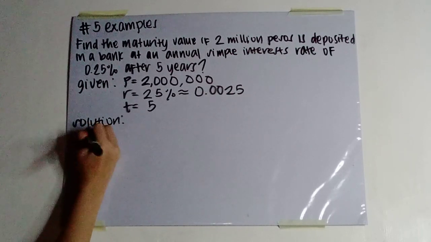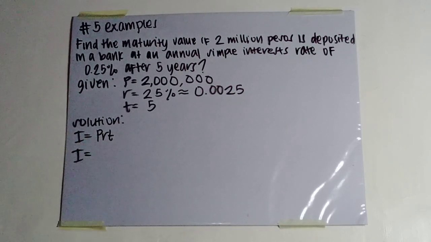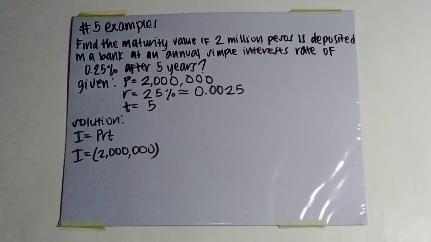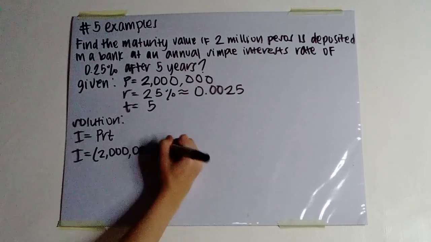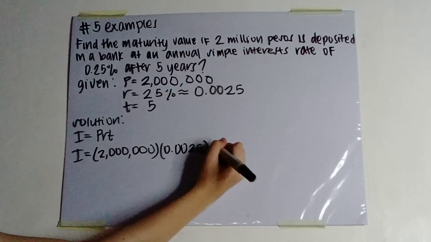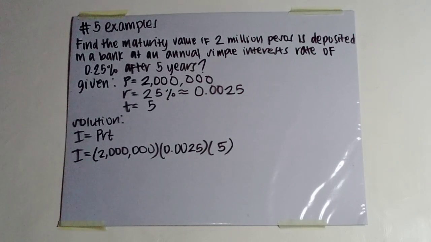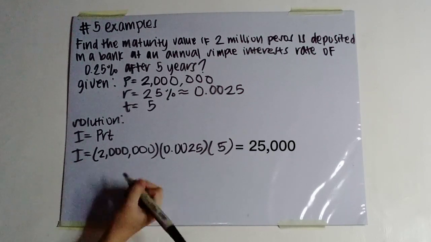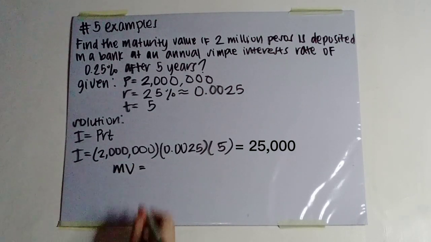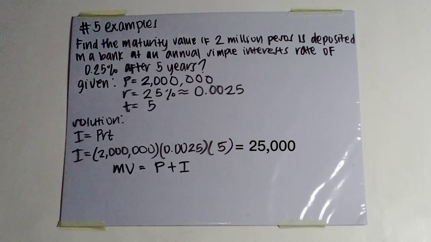First, we need to find the interest. The formula for finding the interest is I equals P times R times T. So our principal, 2 million pesos, times rate, which is 0.0025, times time, 5. Multiply it. So the answer is 25,000 pesos. And find the maturity value. The formula for finding the maturity value is P plus I, or principal plus interest.